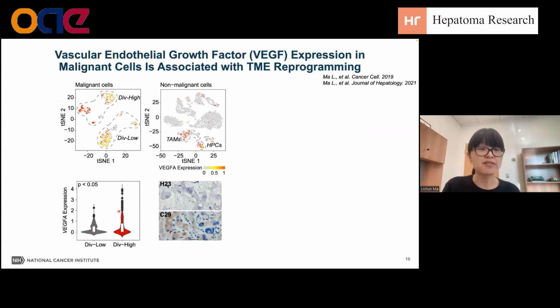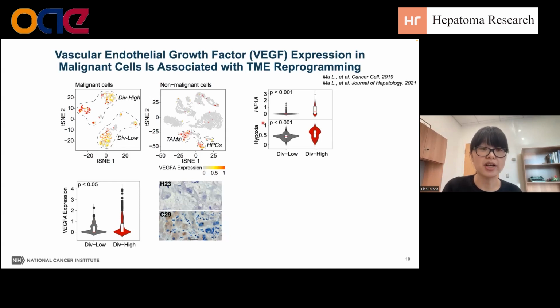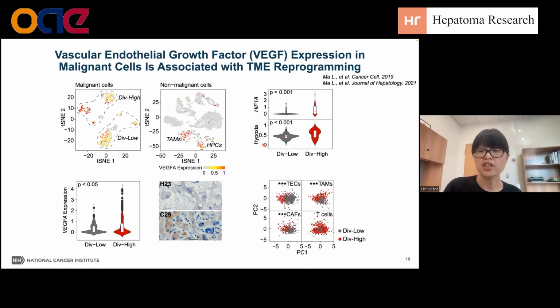This was further validated by using immunohistochemistry analysis. And the increased expression of VEGF-A was in parallel with HIF-1 expression and hypoxia signaling. We also evaluated the VEGF-A downstream signaling as its functional surrogate in non-malignant cells and found that the VEGF-A downstream signaling could discriminate endothelial cells, macrophages, fibroblasts, but not T cells.